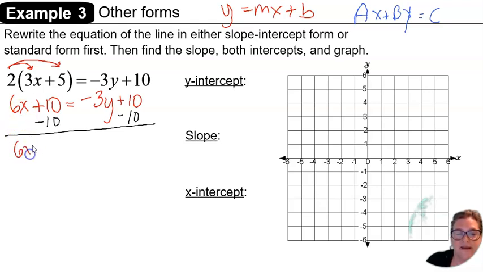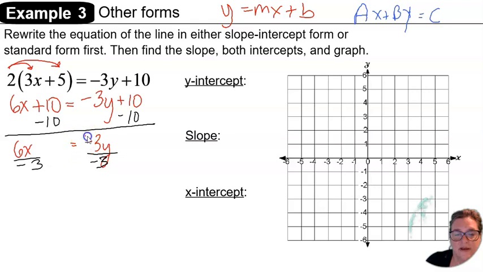So on the left side, I have 6x. 10 minus 10 is 0. So that 6x now is equal to negative 3y because 10 minus 10 again is 0. Okay, now again, trying to get that y by itself, I'm going to divide the coefficient negative 3 from both sides.